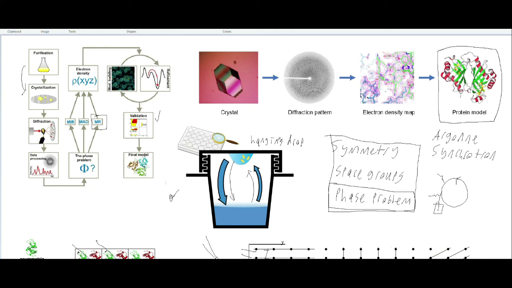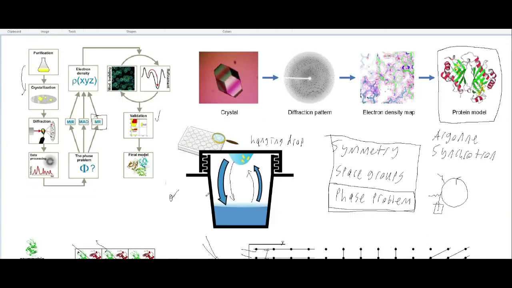Then finding the phases is another huge issue, which makes cryo-EM look a lot more desirable. If you watch my cryo-EM video, you'll see that it's a lot simpler. It has its own ups and downs, which I got into in that video.